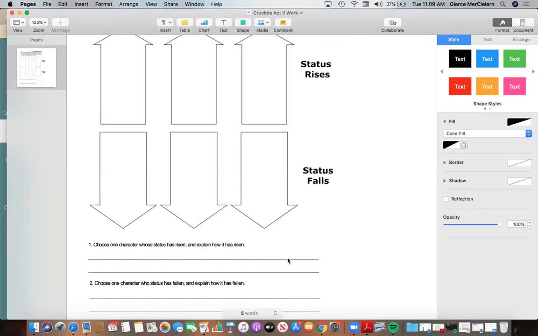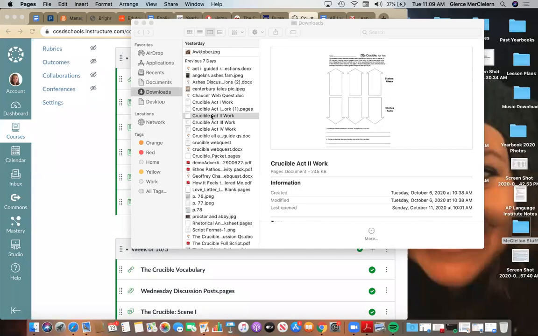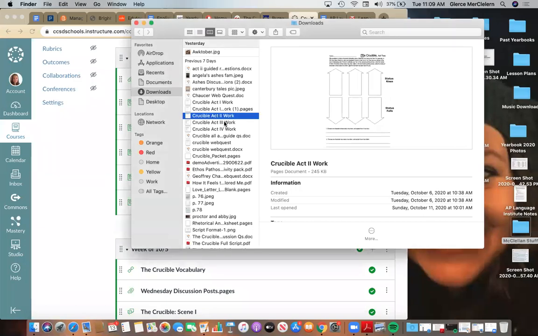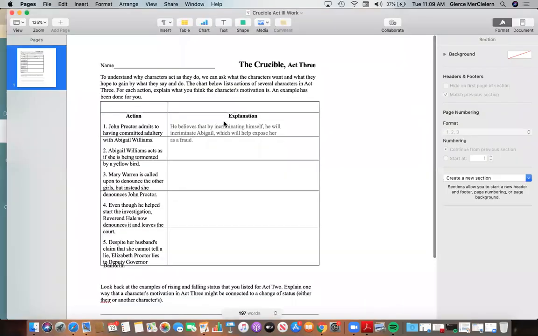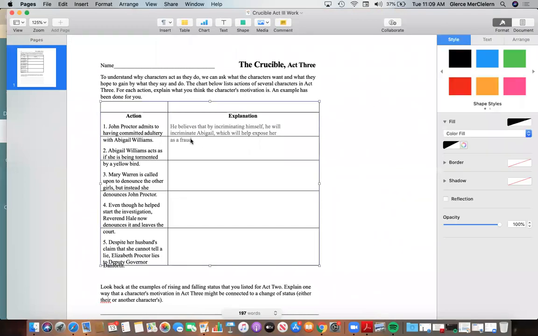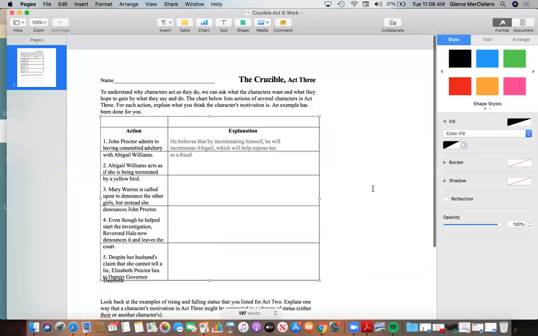And in these, you're going to explain how it's risen and how it's fallen. That's pretty easy. All it really requires is for you to think about the statuses of characters and how they've changed. So that's your Act 2 work. That's something that you can already complete. Okay, well, clearly the first one is done for you here.